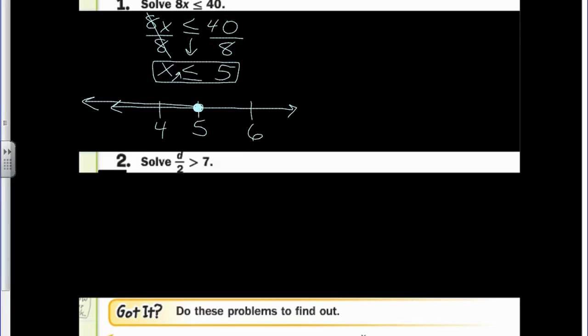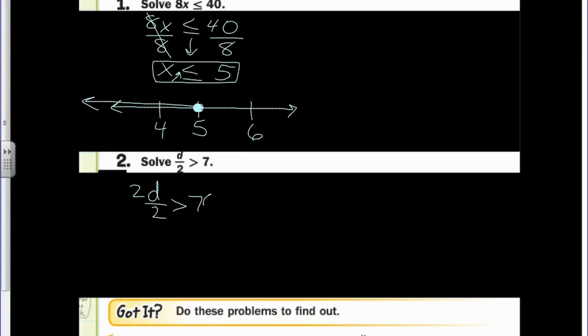Take a look at example number 2. It says d divided by 2 is greater than 7. When we take a look at our variable, we can see that it is being divided by 2. The opposite of dividing by 2, the inverse operation, is to multiply by 2.